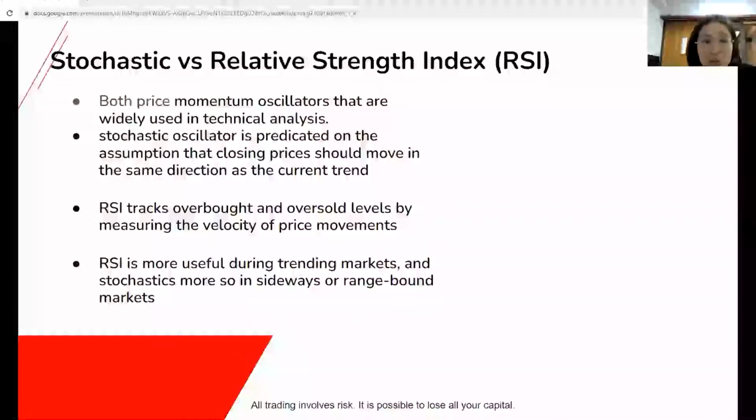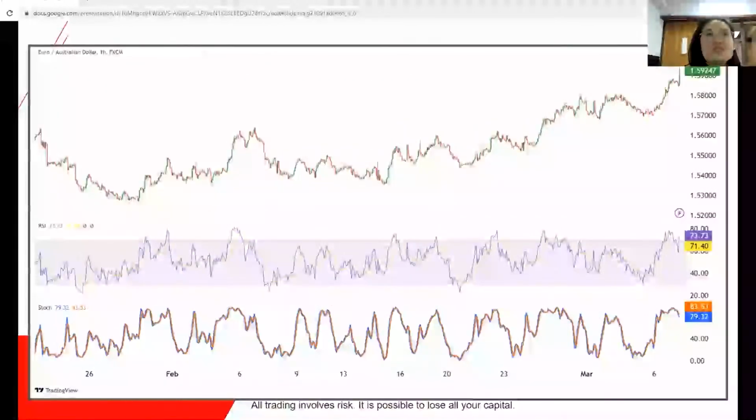So you can see in my last point, I mentioned that the RSI is more useful during trending markets, whereas the stochastic is more useful in sideways or range-bound markets. Okay, so here's just a brief image to show you the RSI and the stochastic when used in tandem.